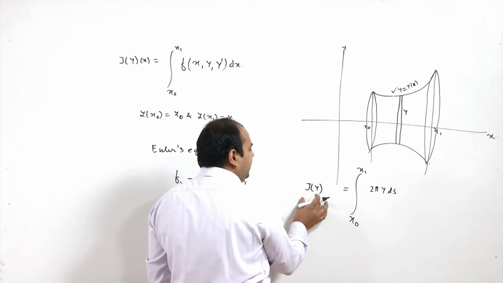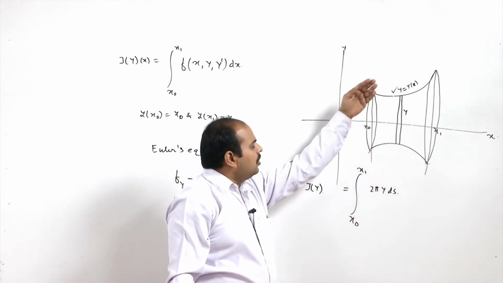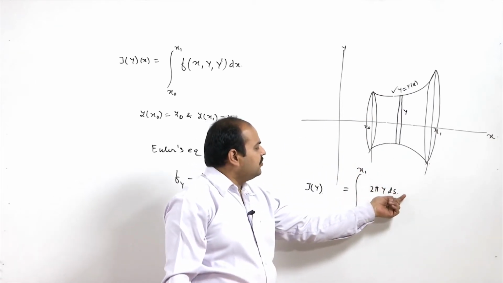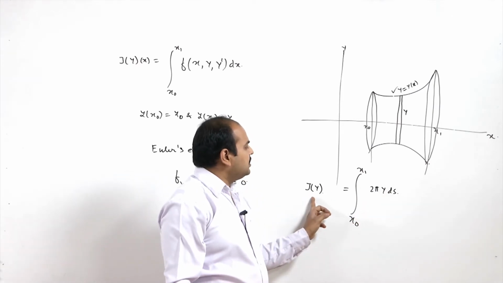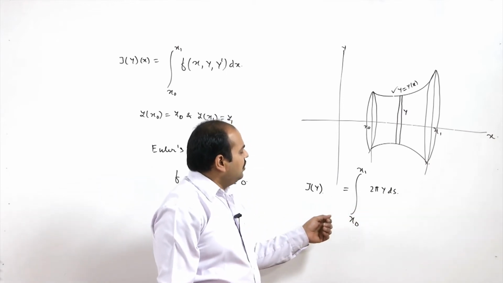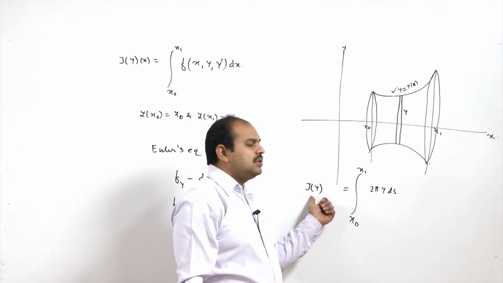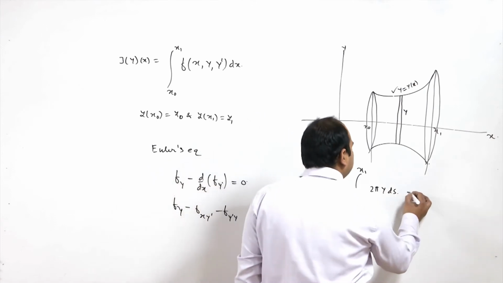So J of y represents the surface area of this revolved shape, and it is given by the integral from x0 to x1 of 2 pi y ds. So if you change your y, your surface area is going to change, and hence the value of this integral will also change. Now we want to find the curve y such that this integral, or you can say this functional, is minimal.